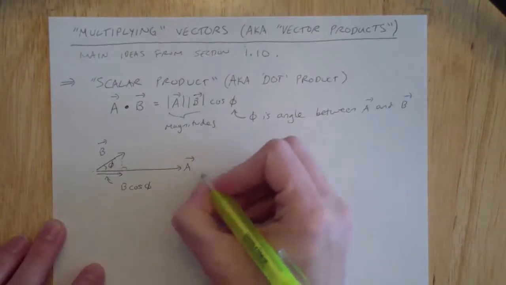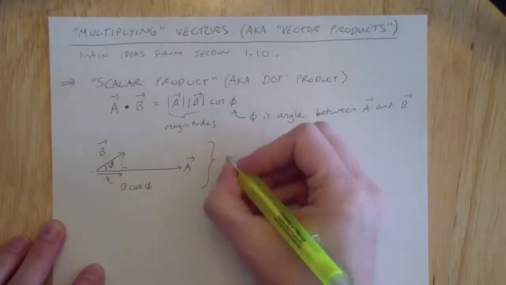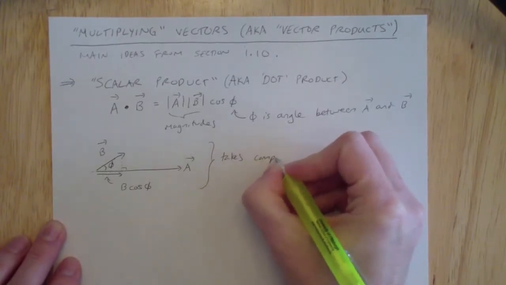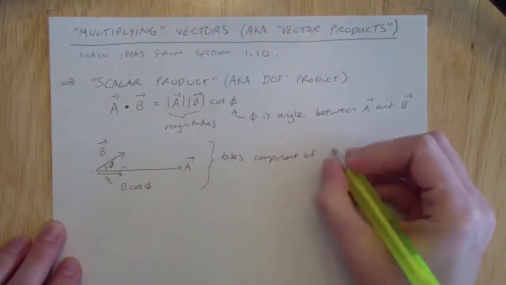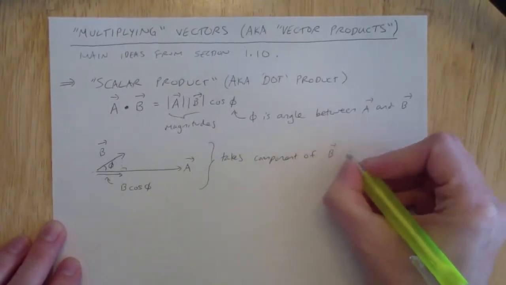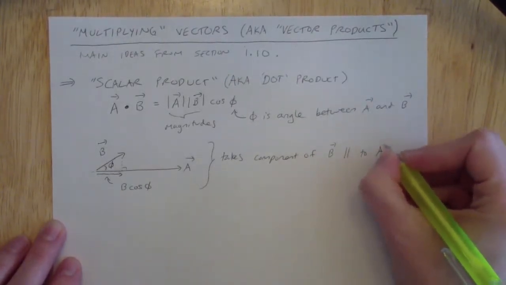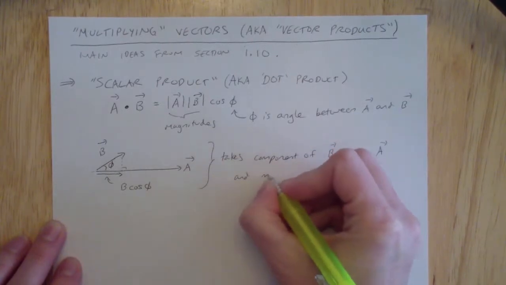So what this does is the scalar product takes the component of one vector, let's say B, that's parallel to A, and then multiplies.